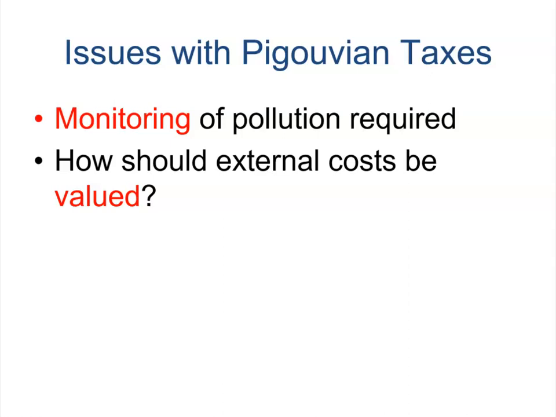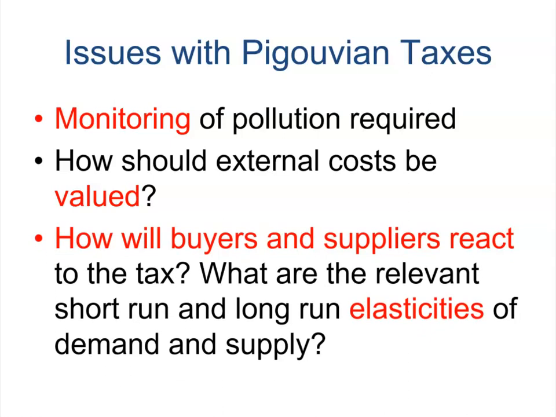Another issue with Pigovian taxes is you can impose a tax, but you don't know how the buyers or the sellers in a market are going to react to that tax. In other words, how elastic are the demand and supply curves? And of course, there's issues both of short-run and long-run elasticities.